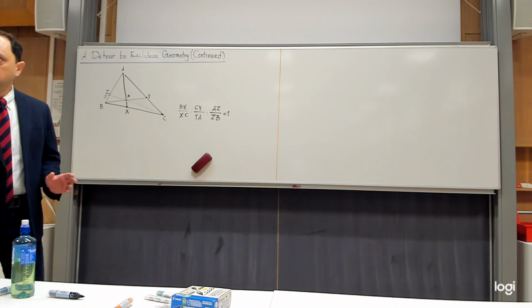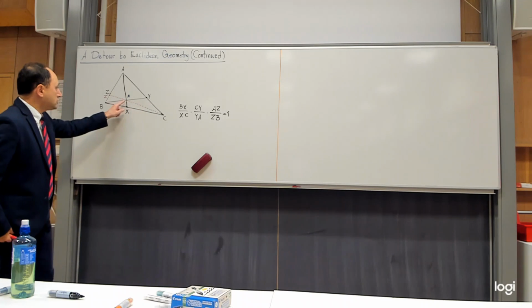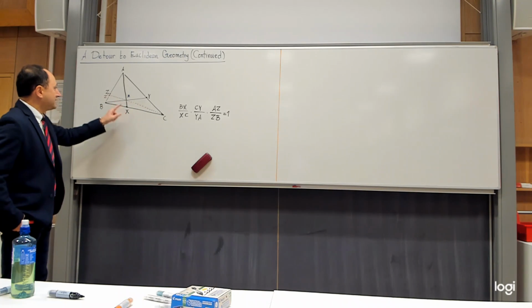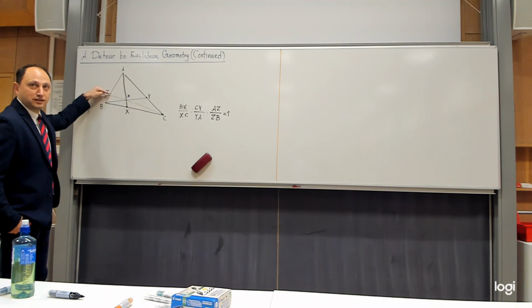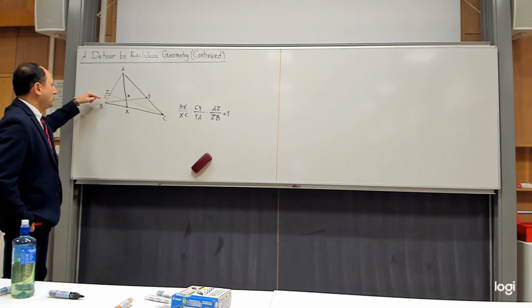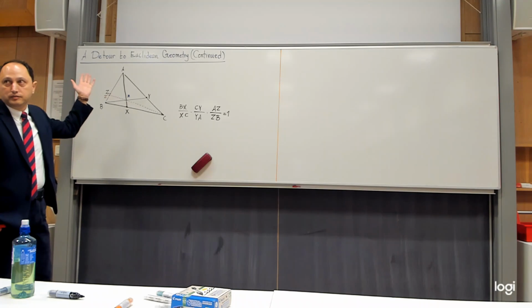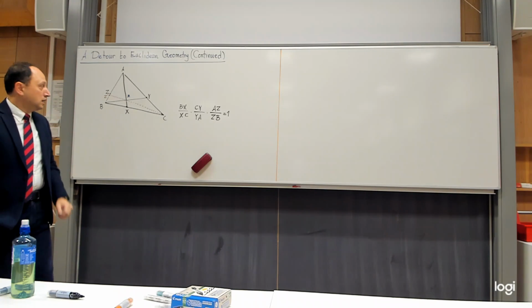Is that clear? So I myself connect this one to this one. I want to show that it will hit Z. If you say no, then it means that it will hit this line at a different point, Z prime. Is that correct or not?